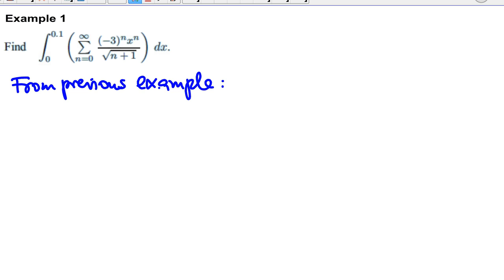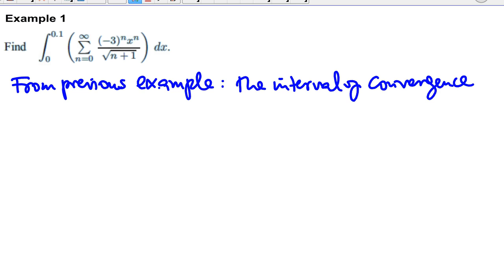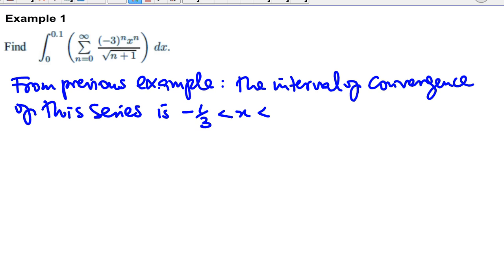So from the previous example, the interval of convergence of this series is negative a third to a third.